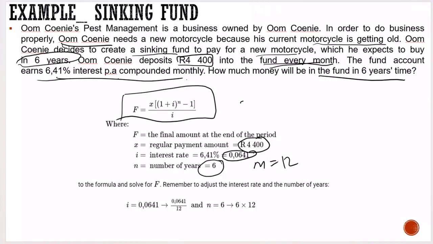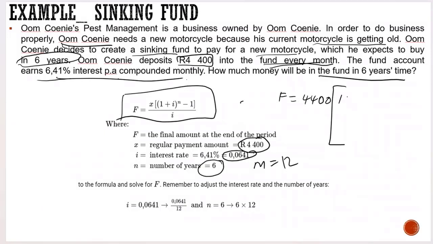In your formula, you are going to have your F, which is equal to your X, in this context 4,400.